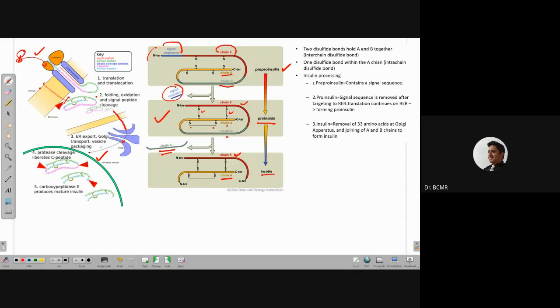So in each of the cases, you have continuous processing that is happening. Carboxypeptidase E is what will result in the removal of the chain C, and now we have completely mature insulin ready for secretion.